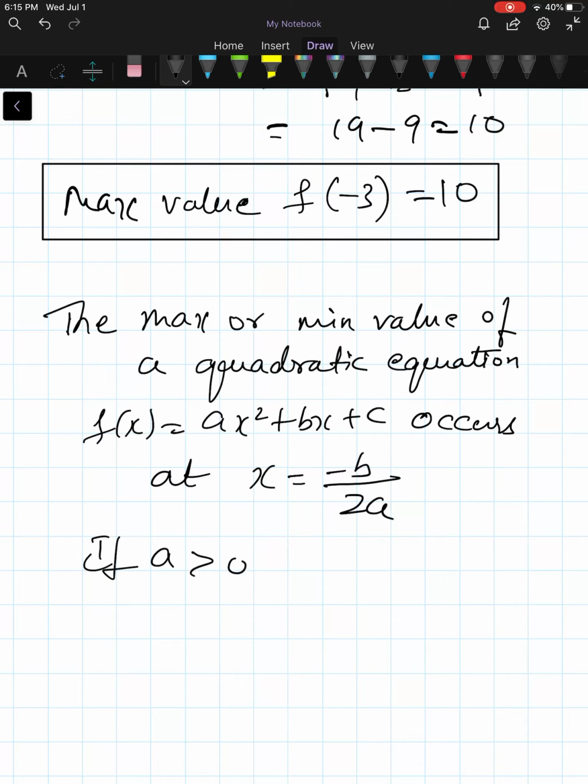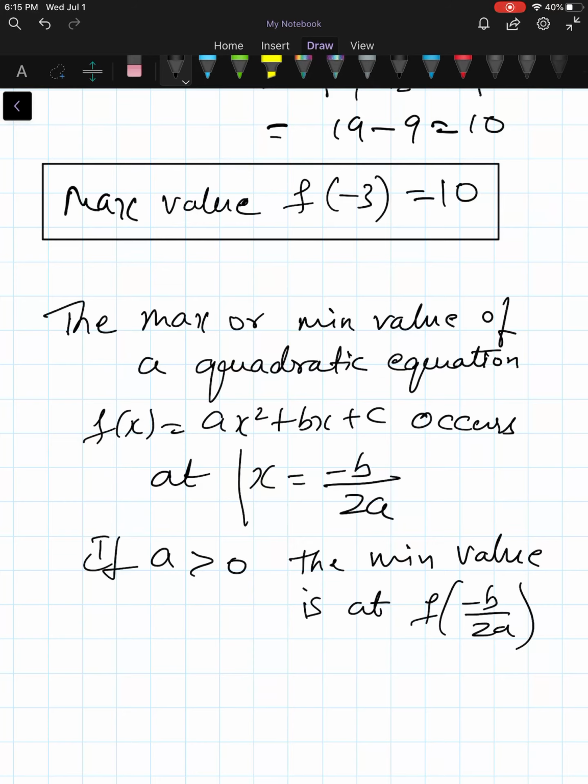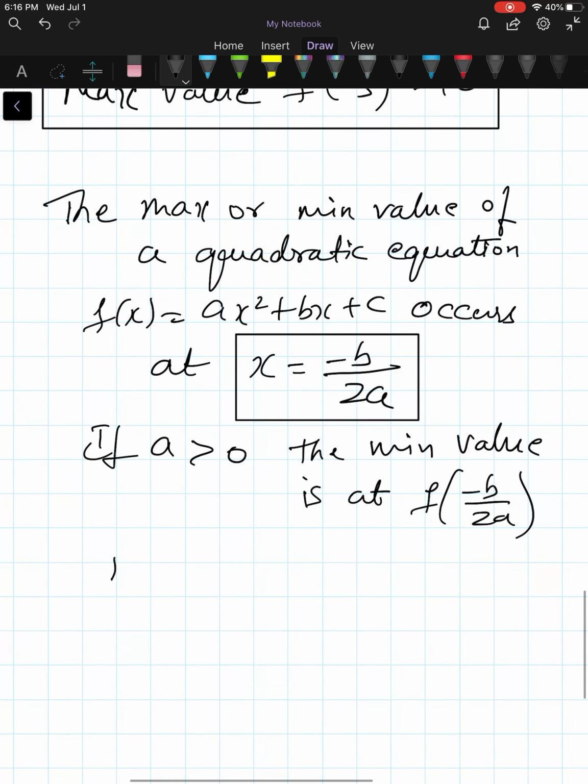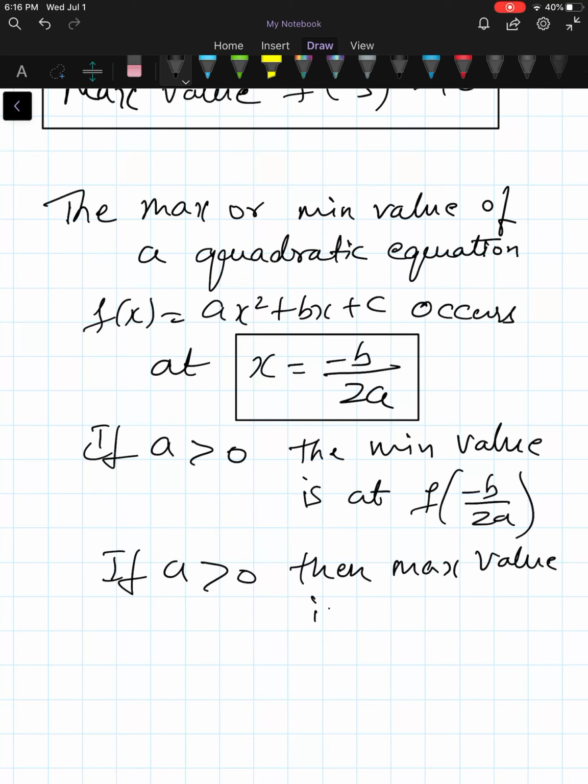So you can just use the original given equation and establish the extreme point. If a is greater than 0, then the minimum value is at f of minus b by 2a. So this particular point will give you the input value where the function attains its extreme value.